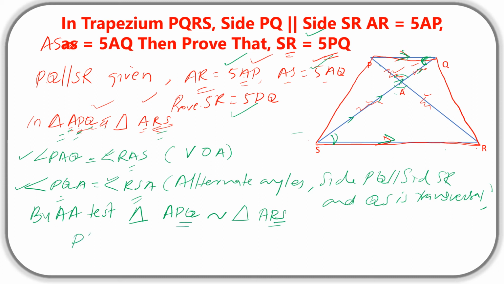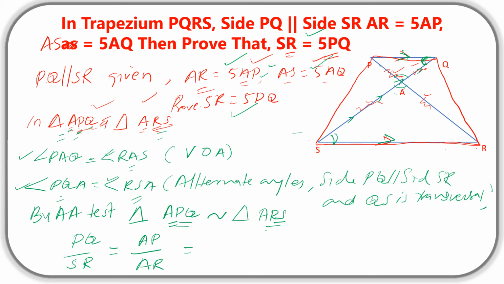So we will write PQ upon SR will be corresponding to PQ from here, SR from here. So we can take AP from here, and if it is AP from here, this will be AR from here. AP and AR are given. 5 times AP is 1 time AR. Correct?